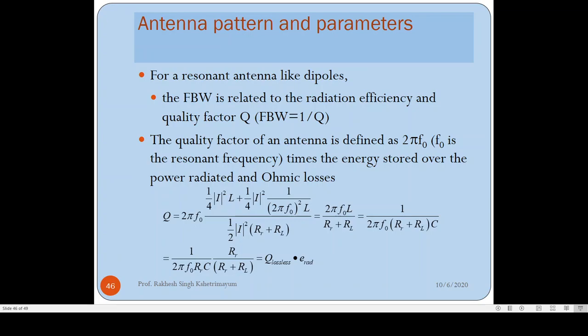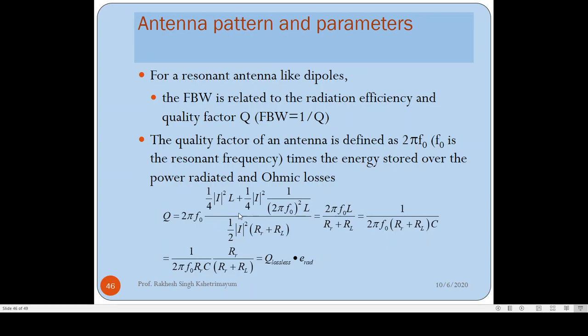There will be magnetic energy storage in the inductor and electric energy storage in the capacitor. Energy stored in the inductor can be given as 1/4 I squared L, and energy stored in the capacitor can be given as 1/4 I squared times (1/(2 pi f0)) whole squared times L. This is due to the capacitor. So omega 0, you multiply with the energy storage divided by the power loss.